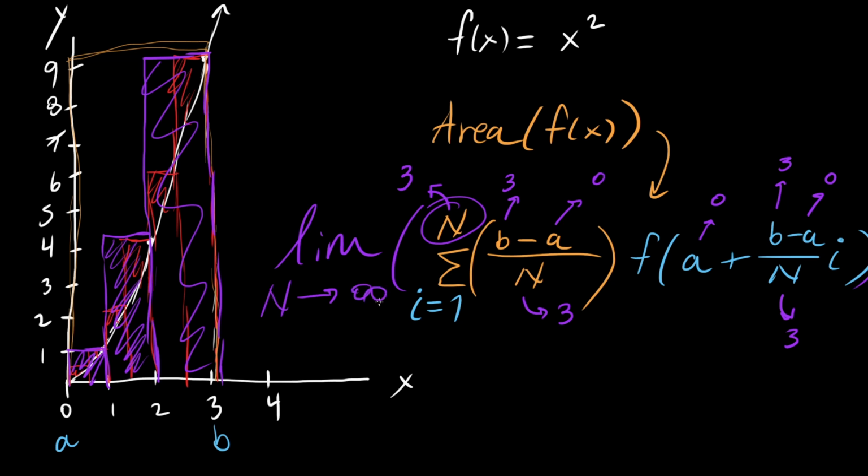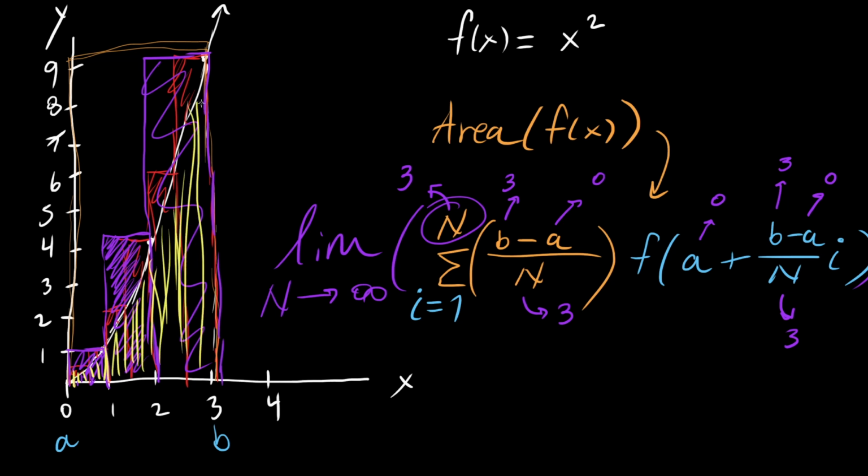Because once big N approaches infinity, there's going to be so many rectangles that the error on the outside here that we see is going to go away, since it's going to be like boom, boom, boom, boom, boom, boom, boom. Here, let me use another color. So it's going to just be a bunch of little rectangles like this, which, if you just see visually, it's just drawing out the area of a function.